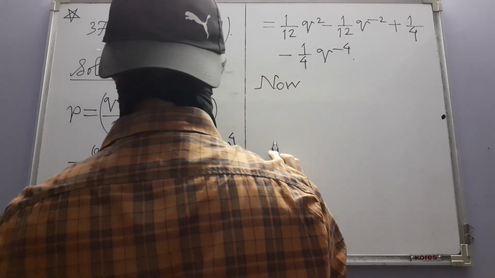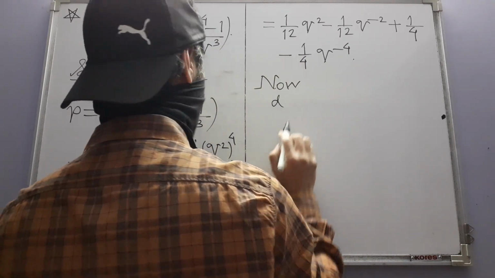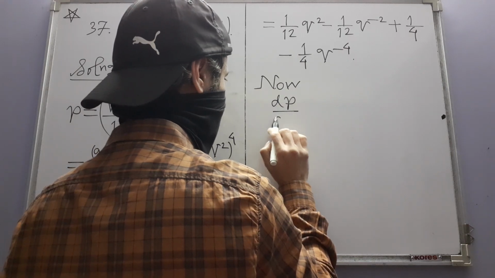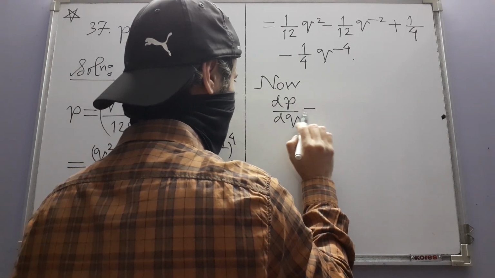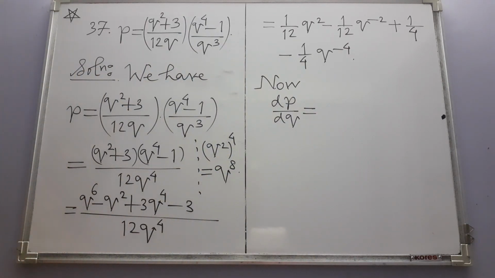So now if we differentiate once with respect to q, the dependent variable name is p, okay.